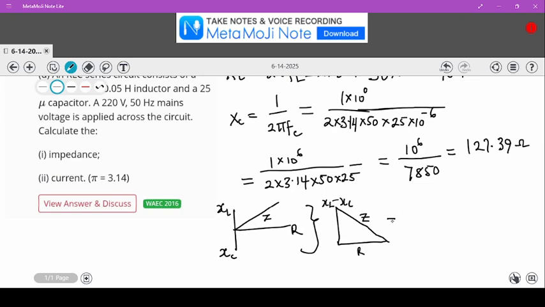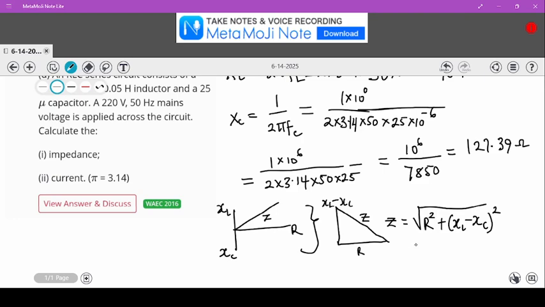So the formula for impedance is equal to the square root of R squared plus, in the bracket, XL minus XC, all raised to the power of 2.